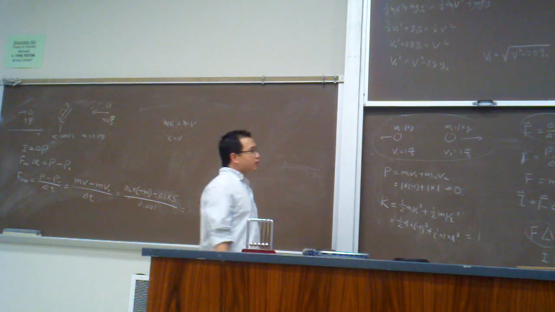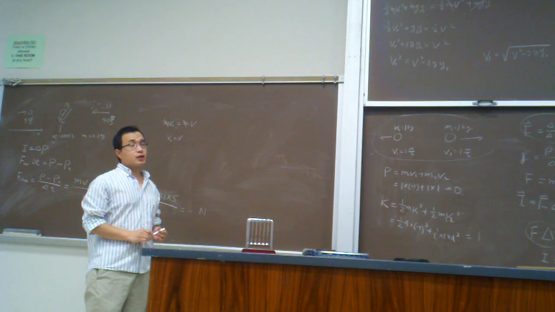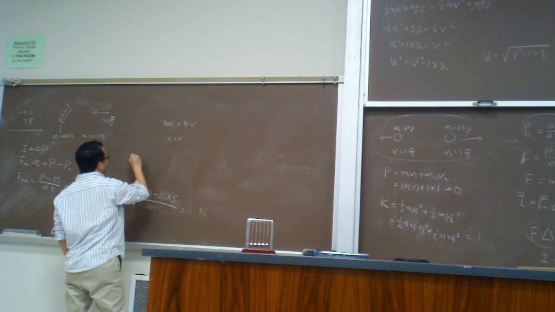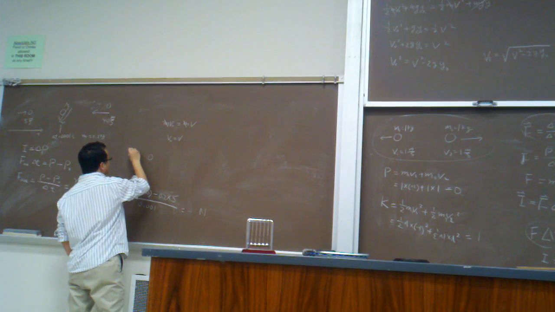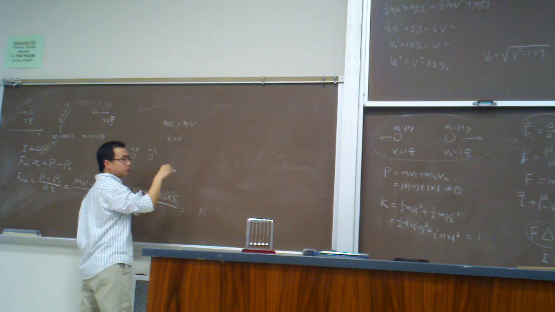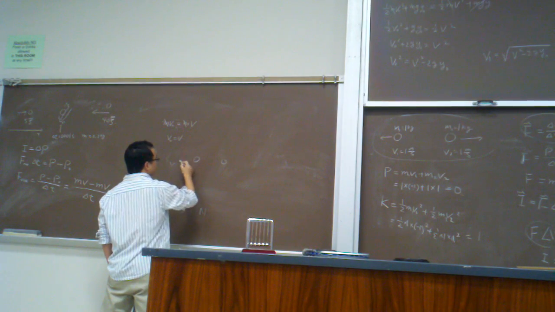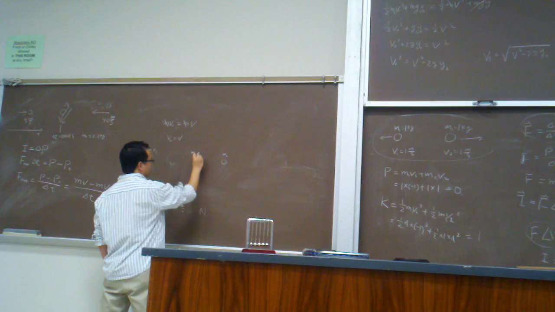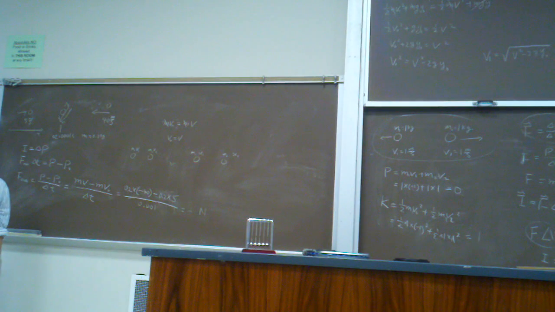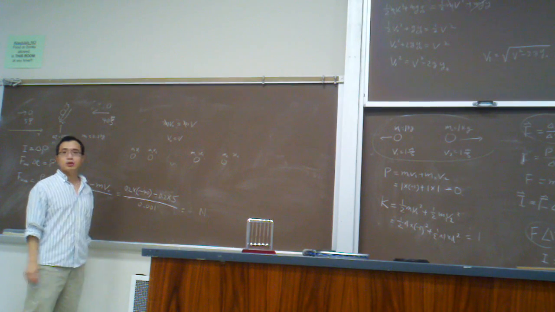But the very useful form is if you have several objects and the total momentum is conserved. For example, say two objects, m1 with velocity v1 and m2 with v2. After some process like a collision, the two objects m1, m2 acquire different velocities, say u1 and u2. Here we use v1, v2 to denote the initial velocities, and u1, u2 to denote the final velocities for the two objects.